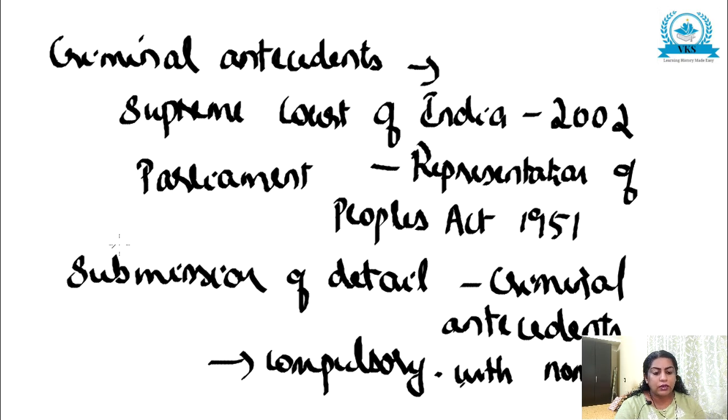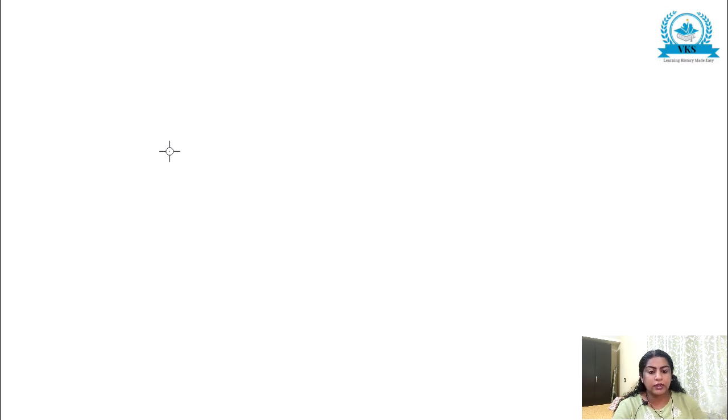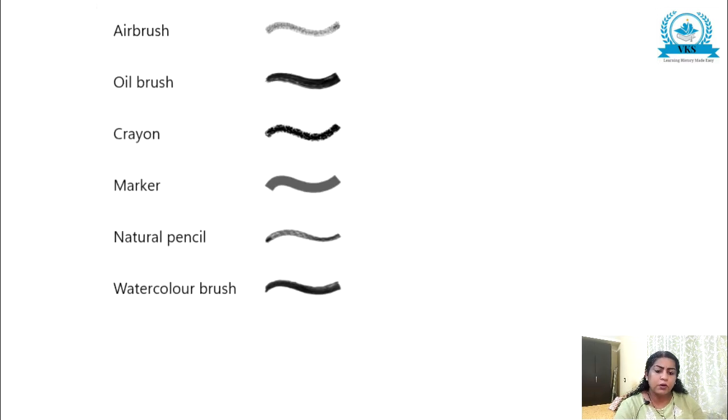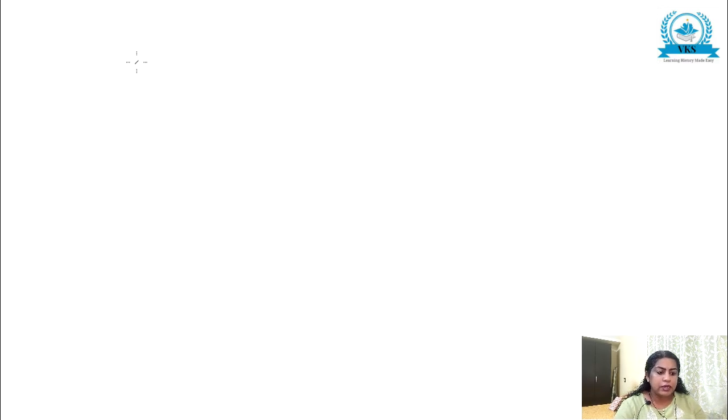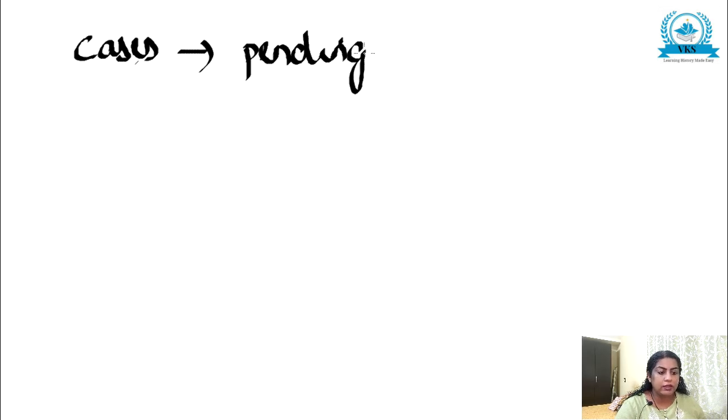So when anyone is submitting the details regarding their criminal antecedents, what does it mean? It means that they have to submit details of any cases, even if it is pending against them in the court.